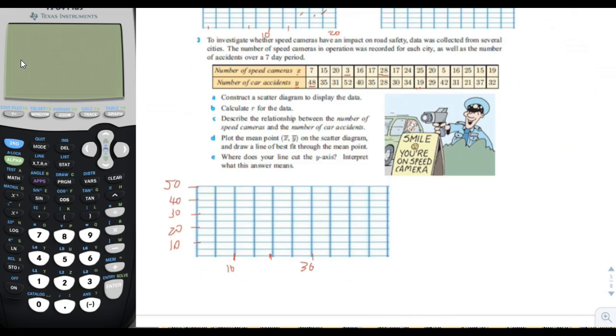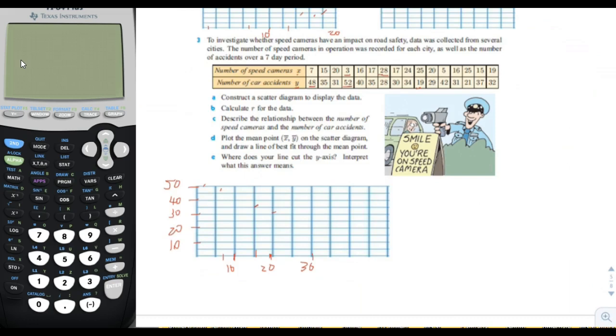Okay, so let's do our points here. 7, 48 would be about here. 15, 35 about here. 20, 31 about there. 3, 52 here. I didn't realize 52 is higher than 50.